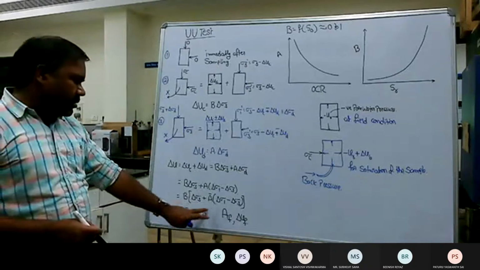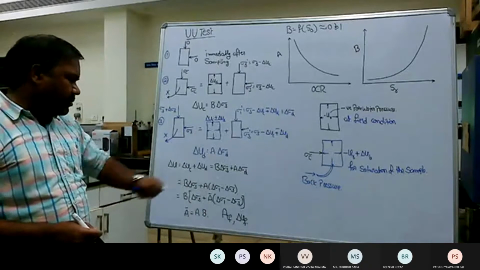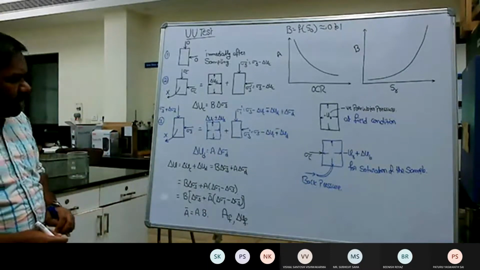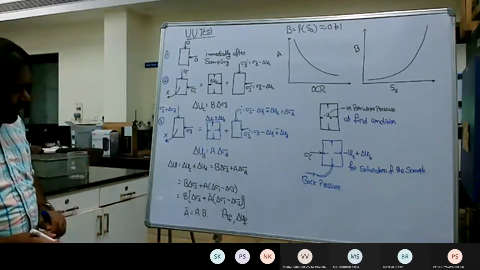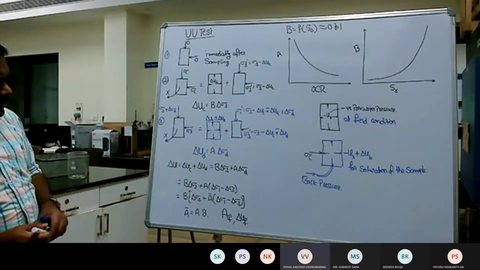But the ratio of delta UD by delta sigma D would be A bar. Delta UD by delta sigma D is A bar.